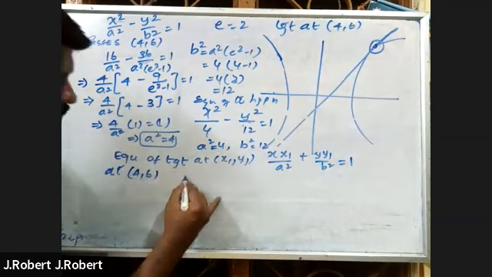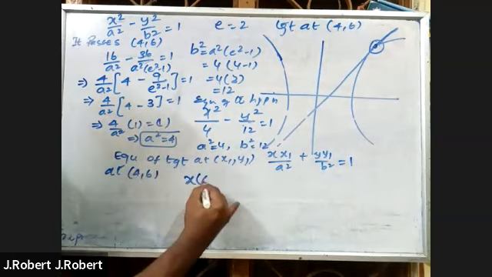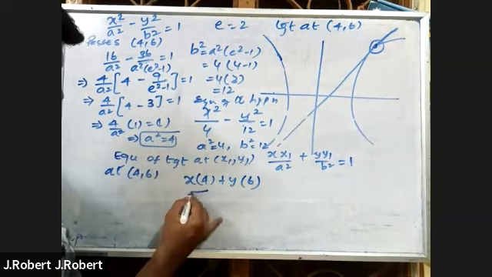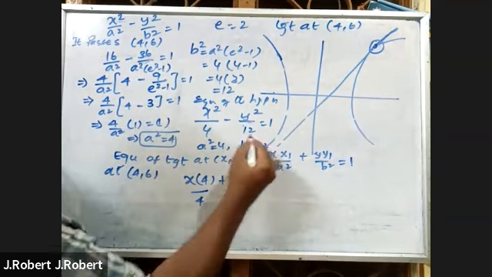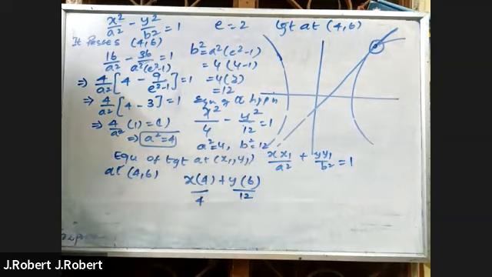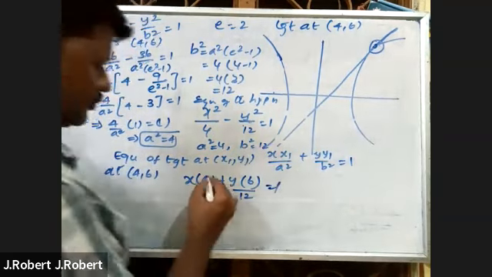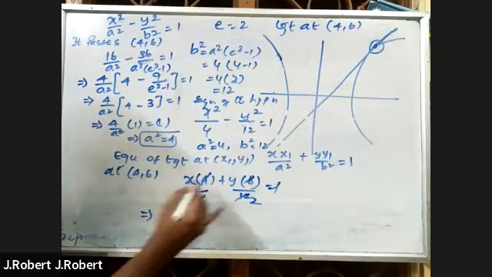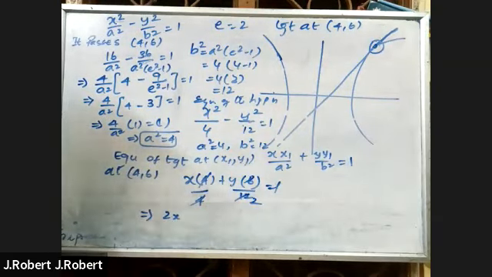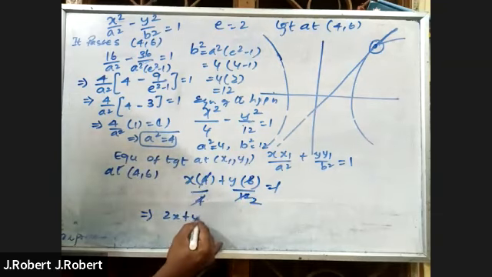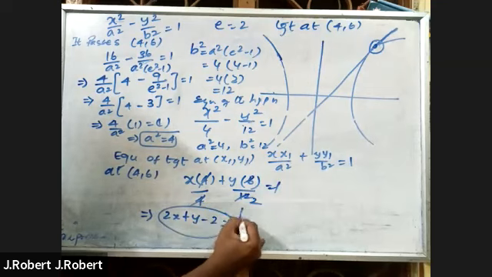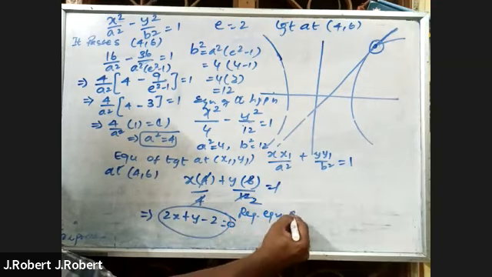Now substitute x into x1, that is 4, and y into y1, 6, divided by a squared, which is 4, and b squared, which is 12, equals 1. So 4 times 4 divided by 4 goes 4. This implies 2x, and cross multiplying, 2x minus y equals 2. This is called the required equation of the tangent.